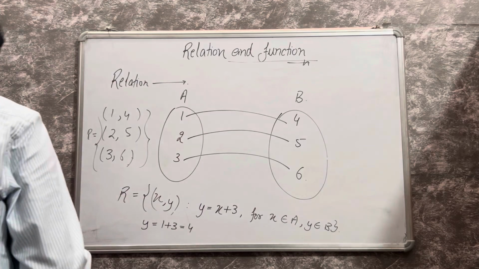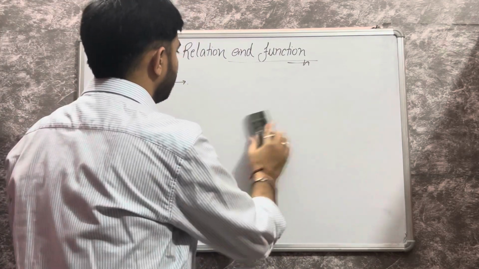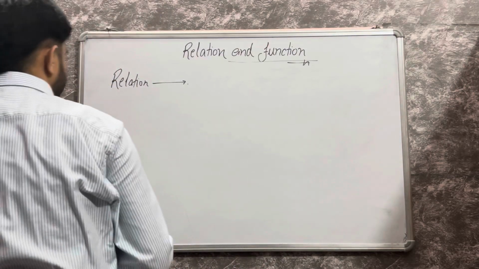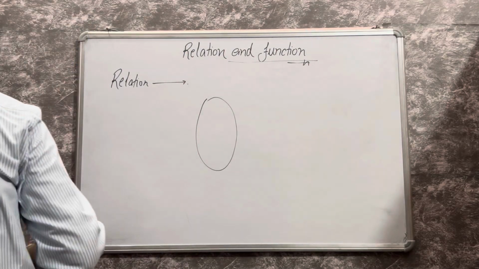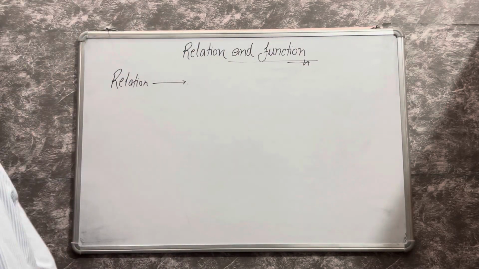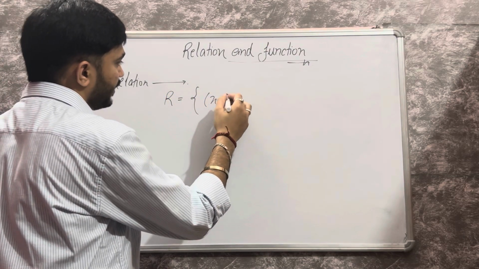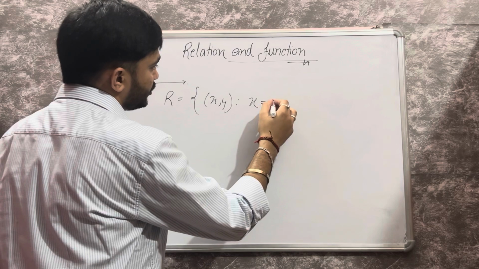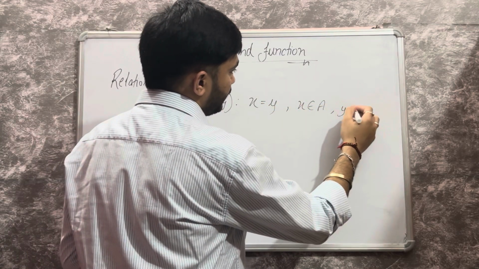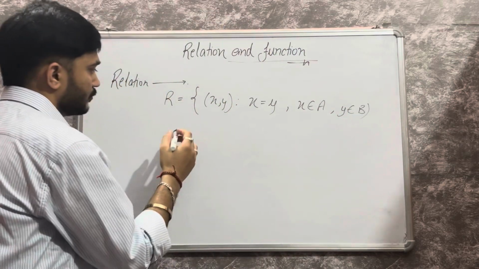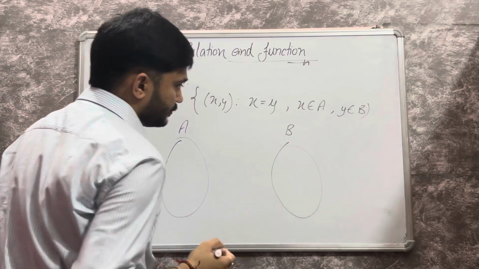Now let us move forward with another example. Firstly, take an example. We have a relation R = {(x, y) where x = y}, say x belongs to A and y belongs to B. Represent the set A here, represent the set B here.